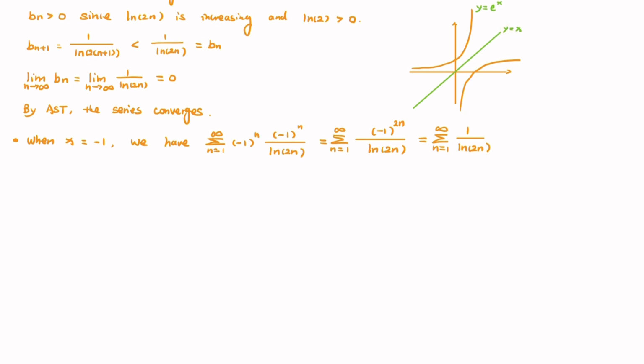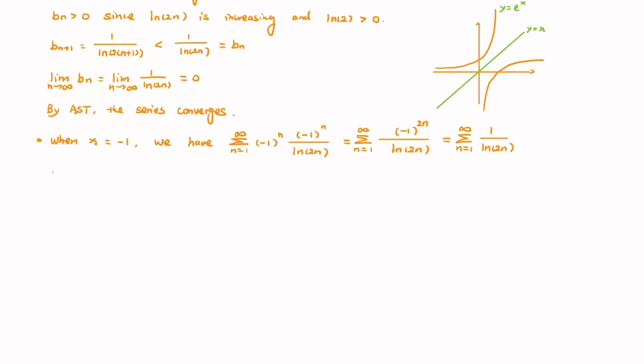In that case, from this you know that ln 2n is definitely going to be smaller than n. It grows slower than y equals x, so it's going to be smaller than n, which means if you take the reciprocal, 1 over ln 2n is going to be bigger than 1 over n. And thus it's your a_n, correct?